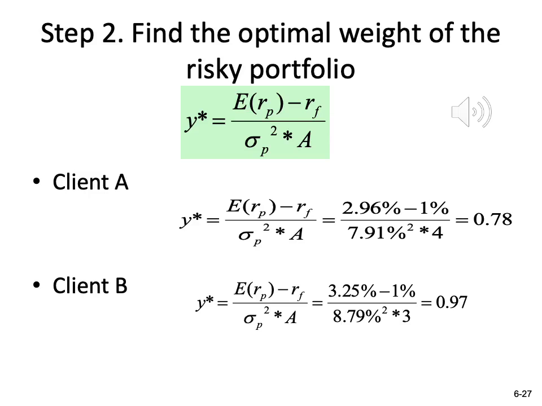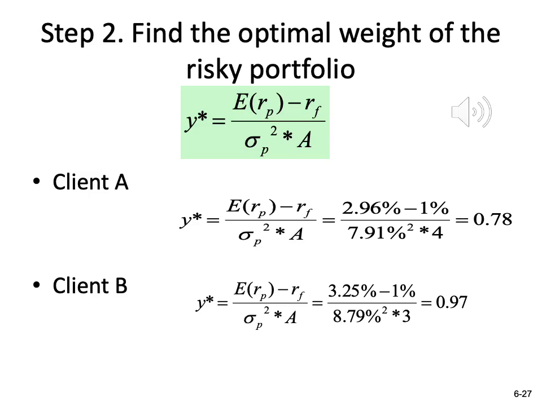Now we are going to bring in the T-bill or the risk-free asset. Here we are going to use the formula in the green box. Y star is the optimal weight you put in the risky portfolio. So for client A and client B, we are going to put in different risky portfolios' return and standard deviation because they chose two different risky portfolios.